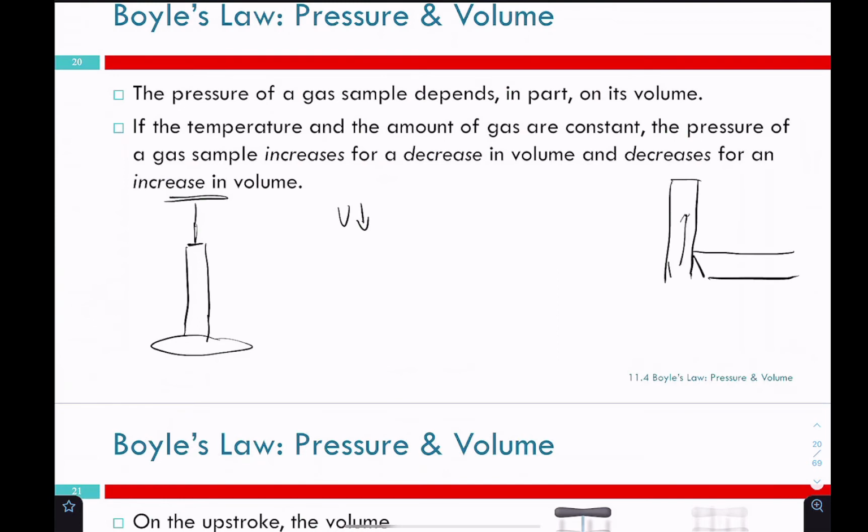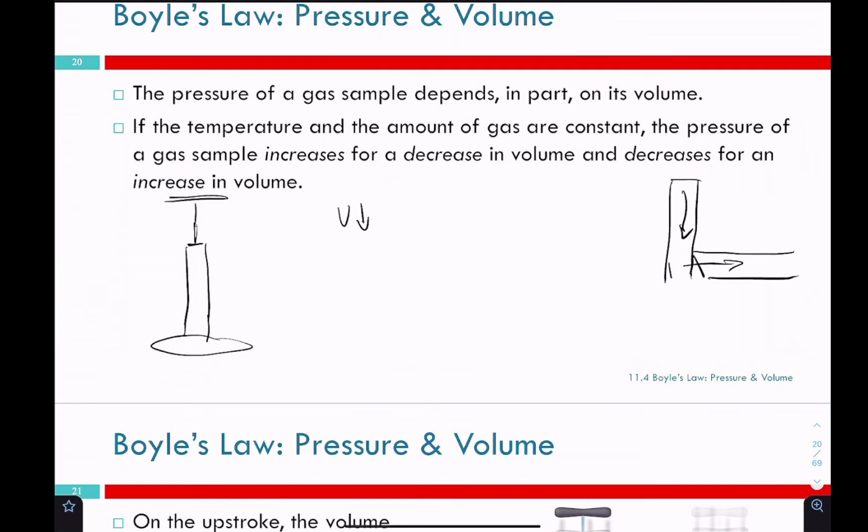So when you go in like this, then this guy will open up, and air can come in from the outside, and then as you pump down again, the air goes this way, but it can't go out the other one. So there's two valves. That's the simplest way to do that.